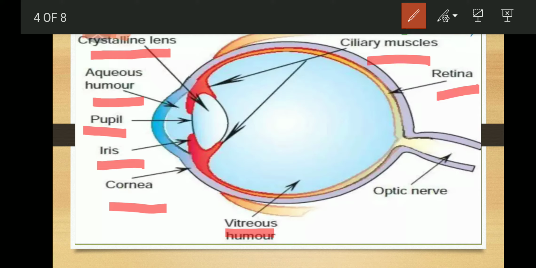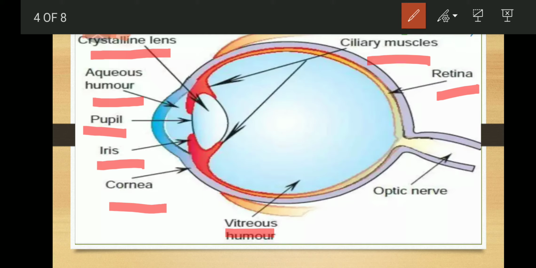The next is retina. It is the back surface of eye where inverted image of the object is formed. Now it has light sensitive cells which are rod shaped and cone shaped. Rod shaped cells get activated when proper intensity of light falls on it, and cone shaped cells respond to color.